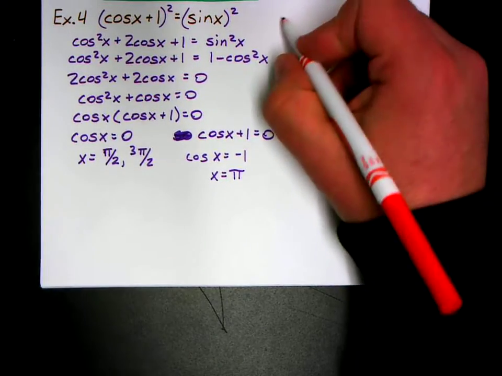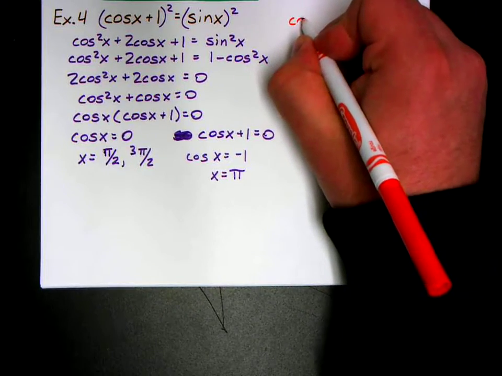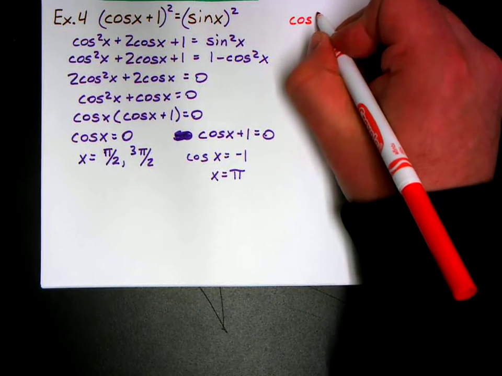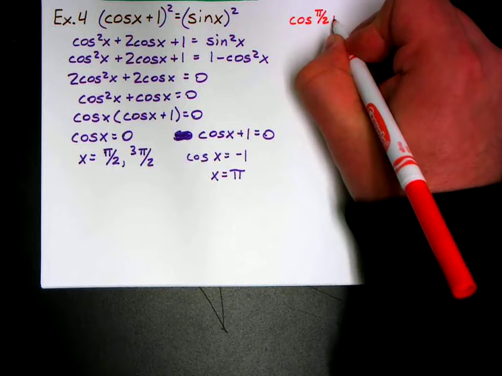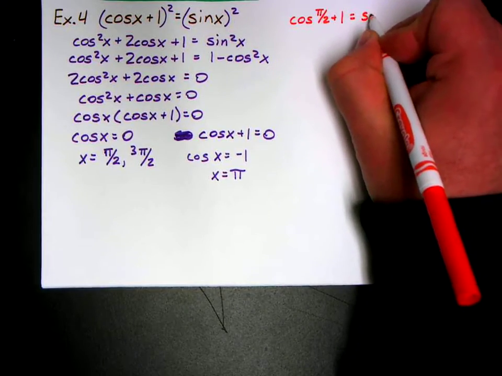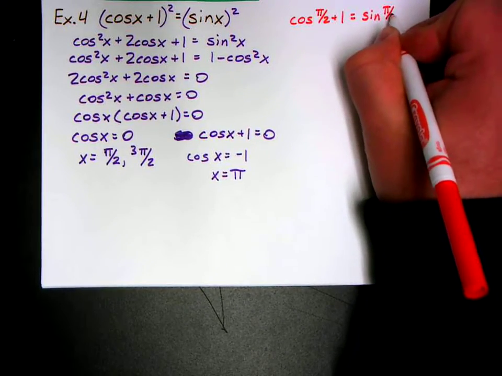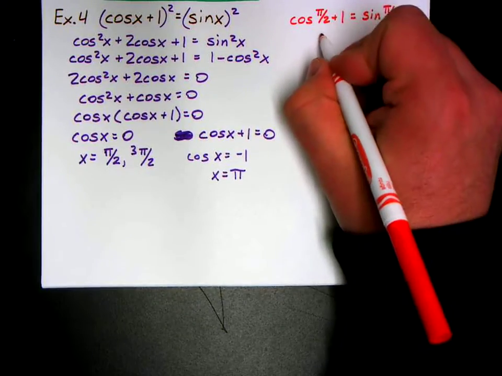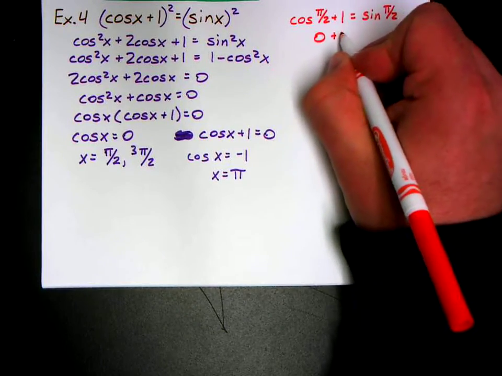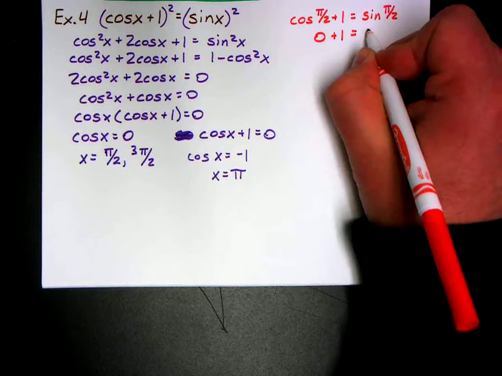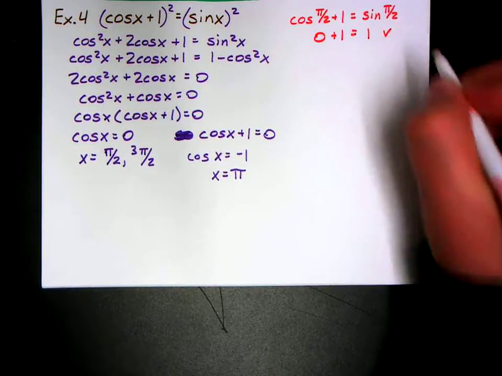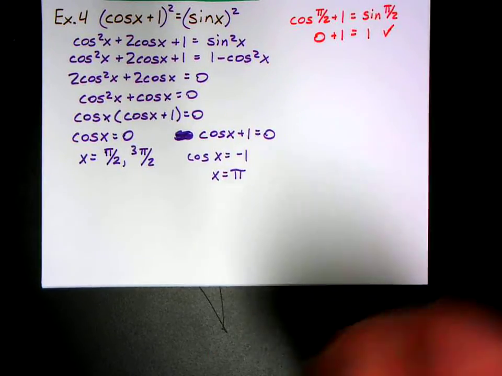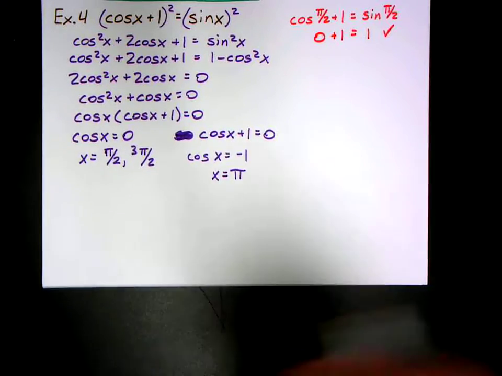Alright, so I have to go back to my original equation. I need to plug these in. So if I plug in pi over 2, pi over 2 would be 0 plus 1 equals 1. So that one checks. So pi over 2 is good. So let me start making a list down here.